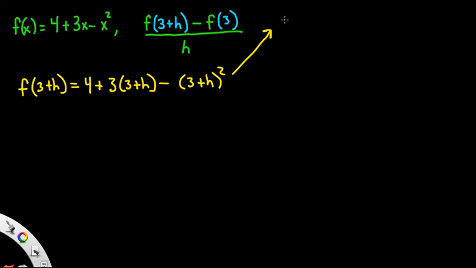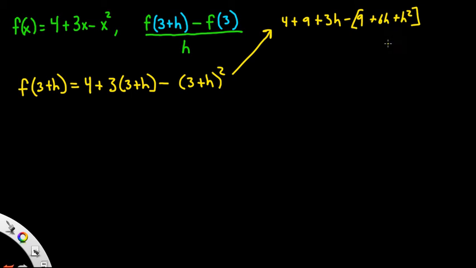And so we got 4 plus 3 times 3 is 9 plus 3h minus 3 plus h squared, and so that comes out to, what do you get? 3 times 3 is 9, so you get 9, hang on, plus 6h plus h squared.